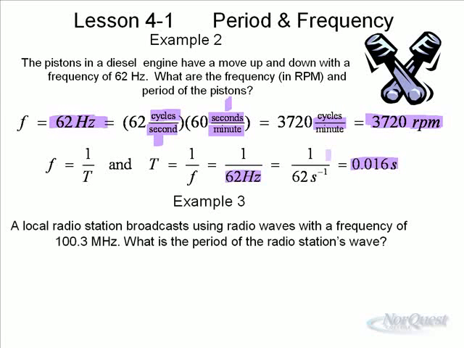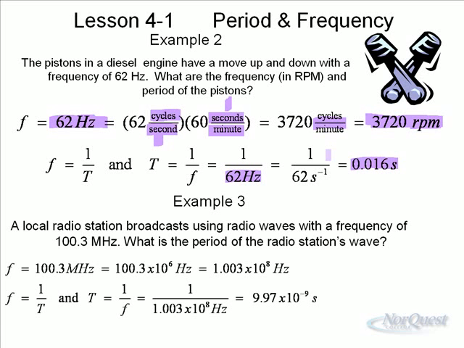So radio stations give their call signals in hertz. One popular radio station is 100.3. So what is the period of the radio station's wave? Well, if the frequency is 100.3, now the radio station gives its frequency on the FM dial usually in megahertz. So this is 100.3. Mega means times 10 to the 6, and so really it's 1.003 times 10 to the 8 hertz.